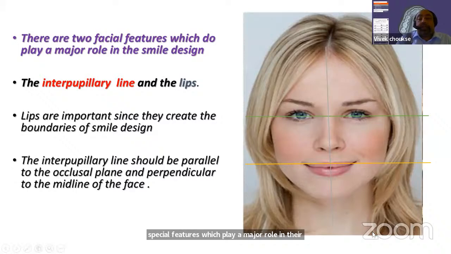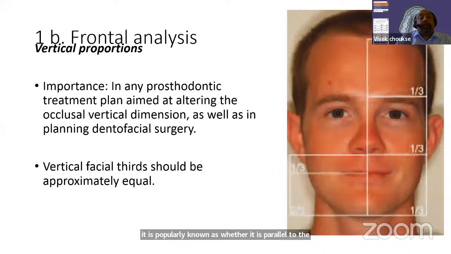The first is the interpupillary line, and the second is the lip line, or the intercommissural line as it is popularly known, whether it is parallel to the interpupillary line or perpendicular to the midline of the face.